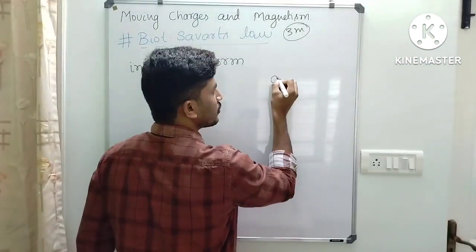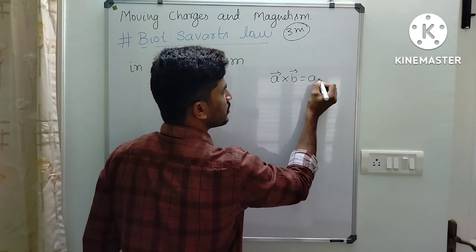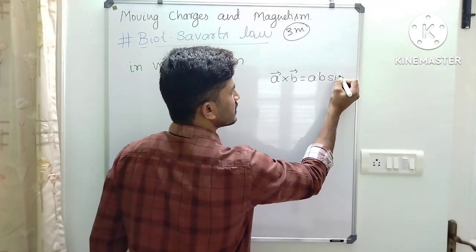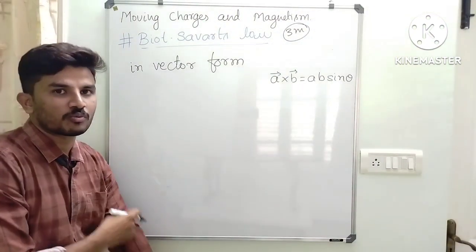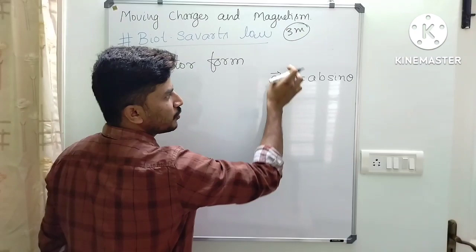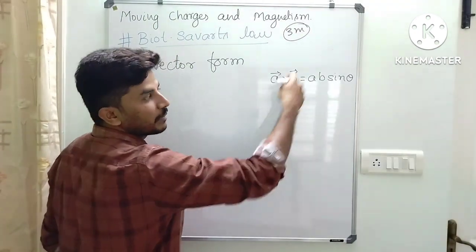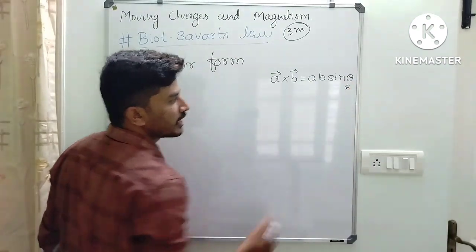We already know A cross B is equal to A B sin theta, into n cap. So I am going to make use of this formula here. Product of two vectors can be a scalar and a vector. Since it is a vector product, we will get n cap into n cap.